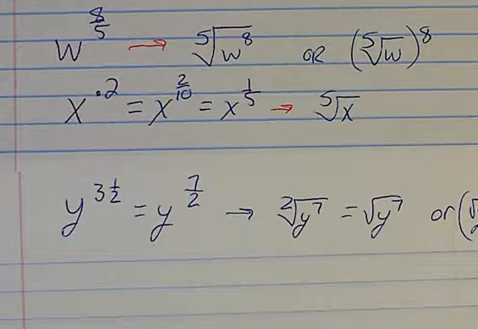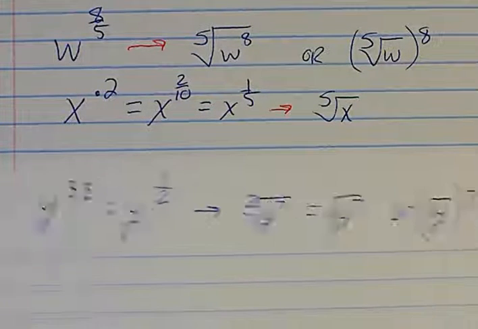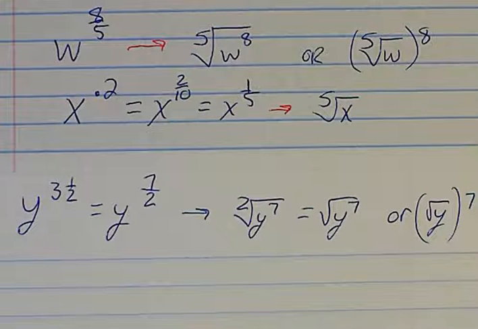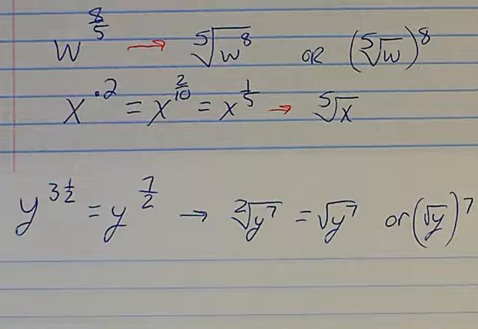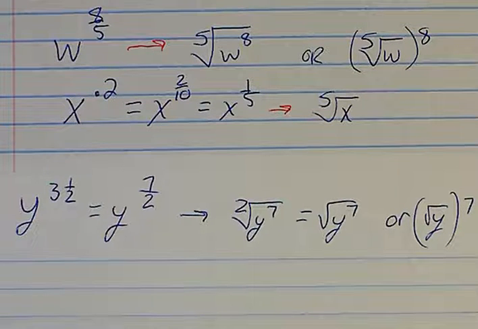So either one of those two answers there would be okay. Okay, so in those cases, you're not going to do anything with those problems, just simply rewrite it. And that's all you're going to do.